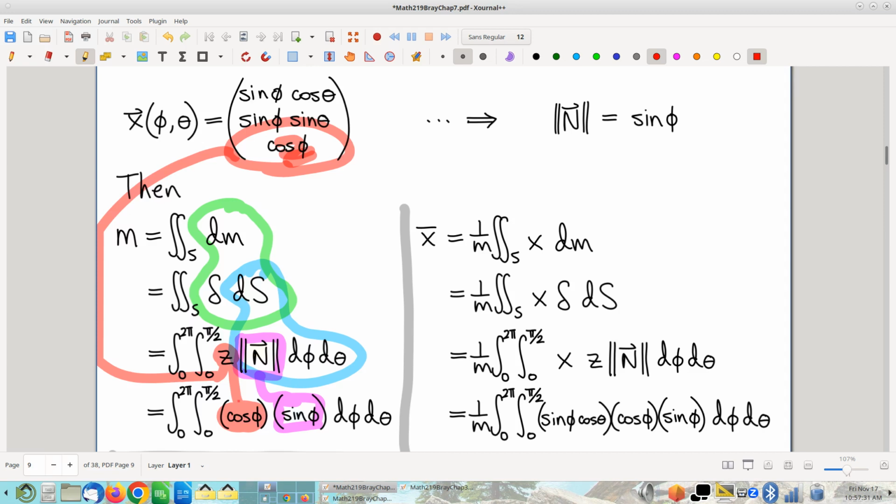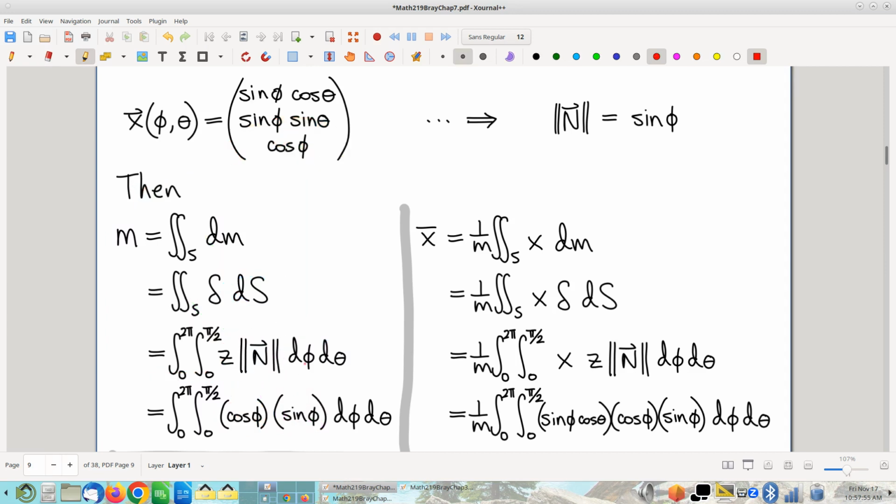Is everybody comfortable with all the individual plug-ins that I've done there? Notice it's literally just plugging in established formulas. Effectively, as a reminder, we are pulling back through the parameterization, just like multiple other pull-backs we've done. And we find ourselves with a single variable integral. And so, off you go, plug and chug at that point.